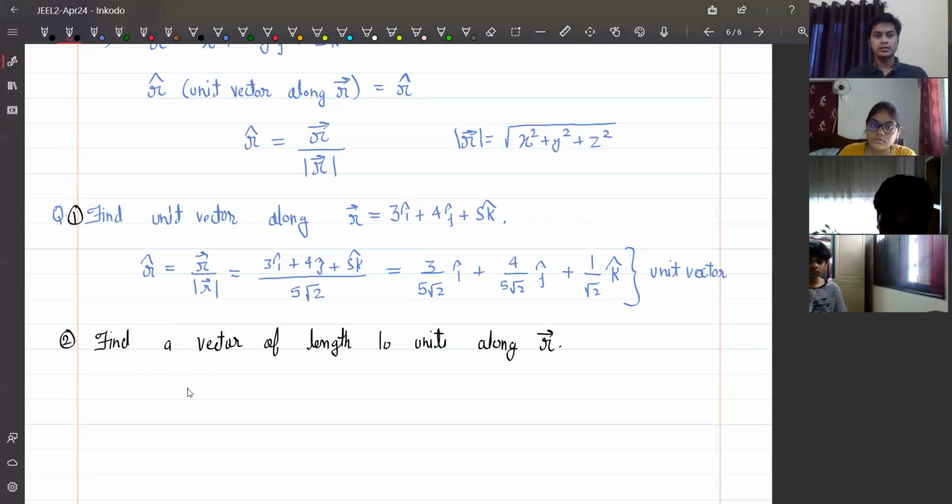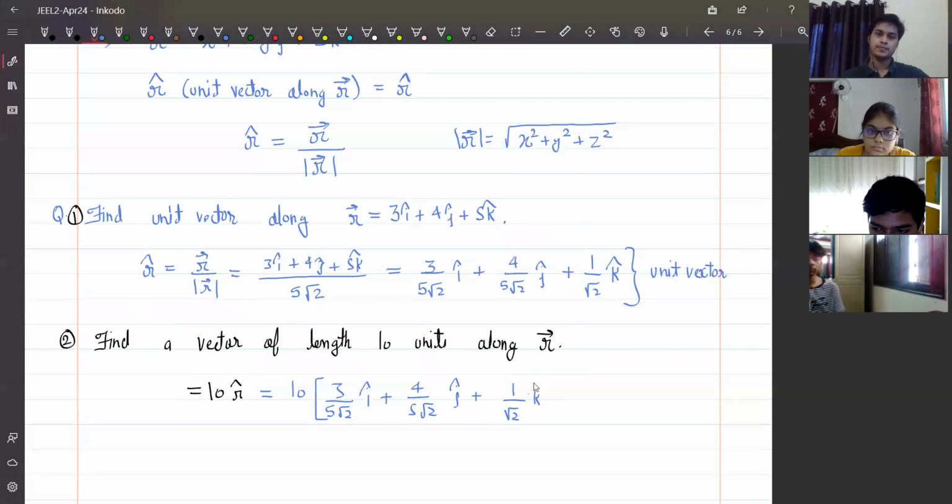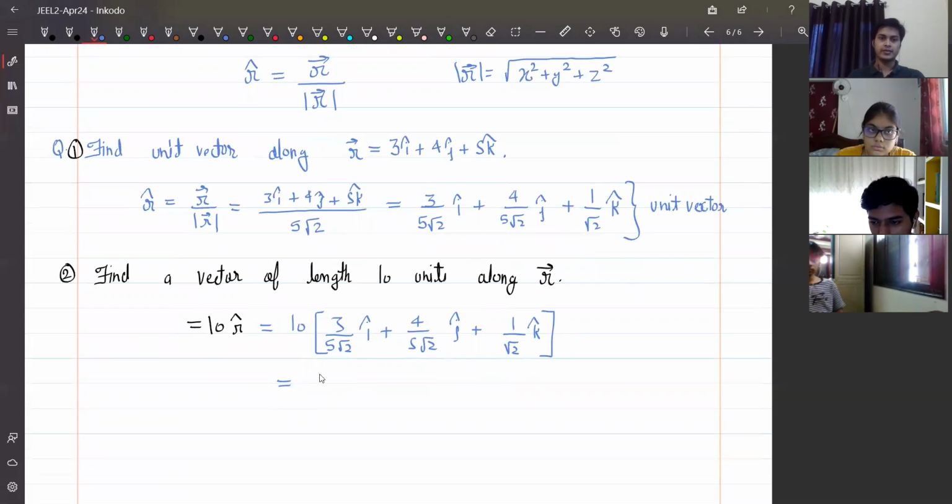So that will be 10 times the R cap, because R cap is a unit vector along the R vector direction. You multiply it by 10, and you get the vector along the R vector which has magnitude 10. So 3 by 5 root 2 i cap, and so on. So this is a vector which has magnitude 10 along the R vector.